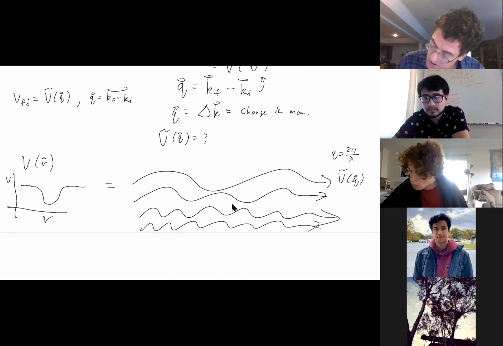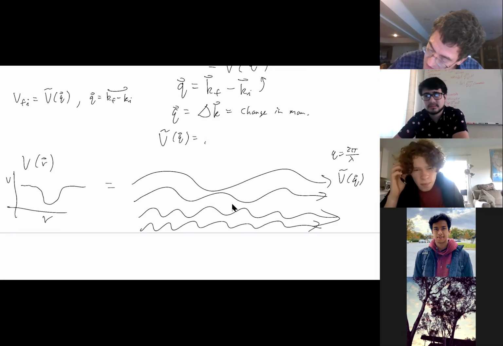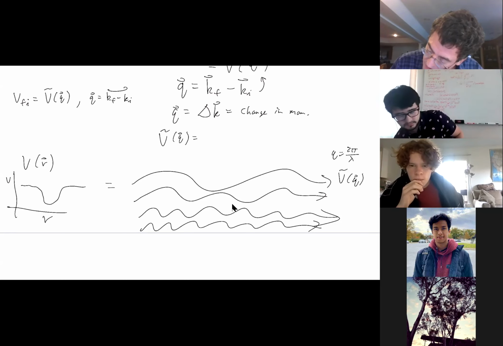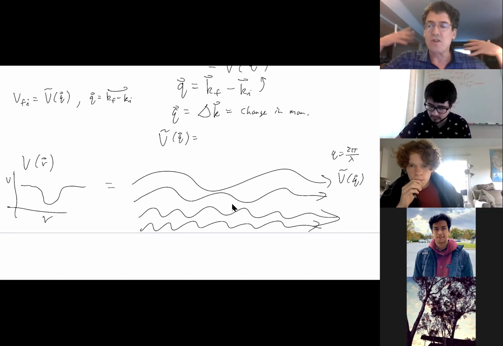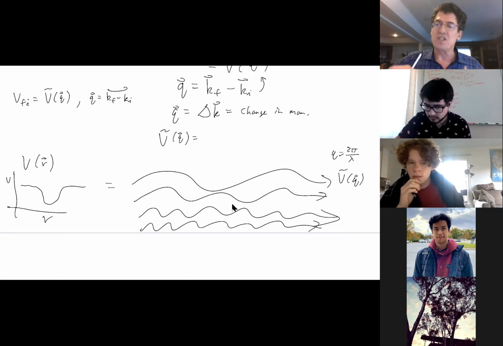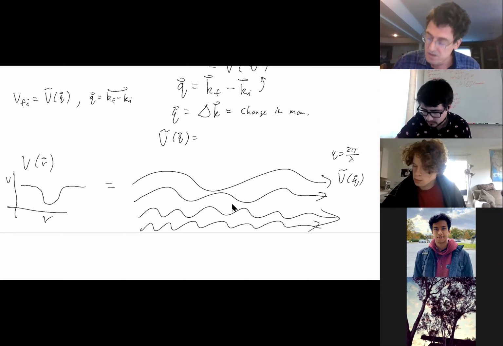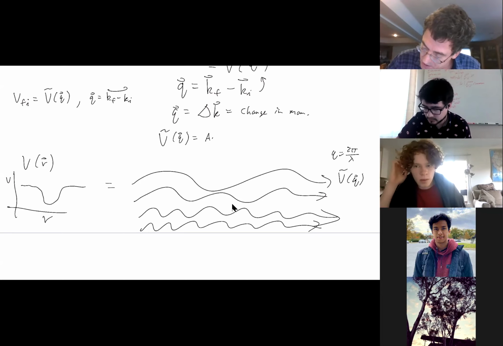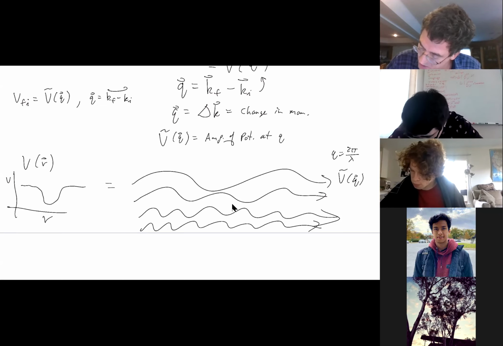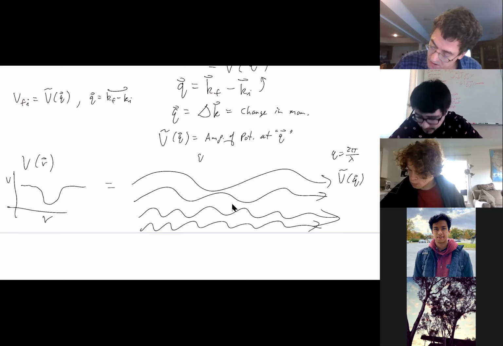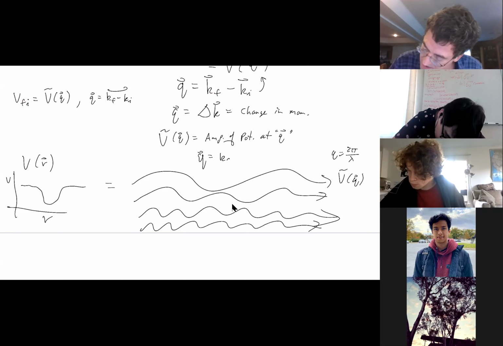So V of Q is telling me the amplitude of the potential at Q. It's telling me how much of the potential is sitting at this Q, where Q equals K final minus K initial.